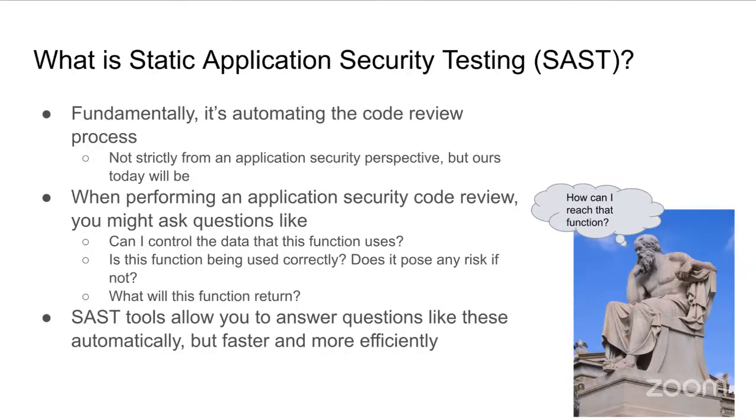Where does this data come from? Where does it go? How will this function behave if I include this parameter or if I don't? SAST tools let you ask questions like this and get answers fully automatically.